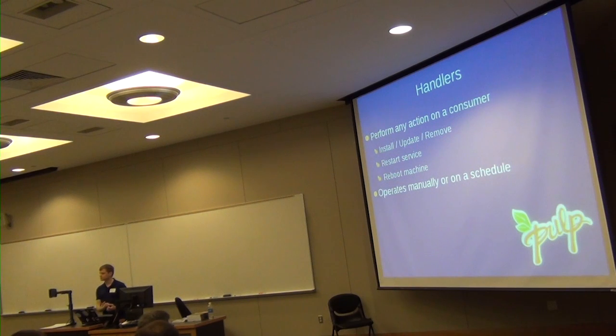It's auto-discovered, and Pulp gives you as a handler a well-defined message that tells you what you are supposed to do, and then it's up to you to decide how to do that. So you declare to Pulp, hey, I can do the service restart kind of operation. And when that message comes in on the AMQP bus, Pulp hands it to you as a handler, and you're responsible for doing it.